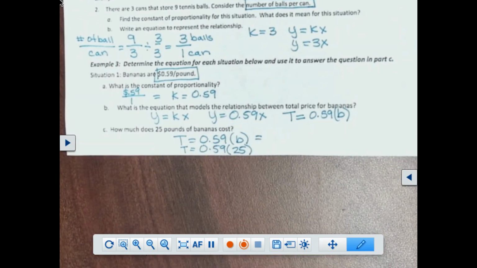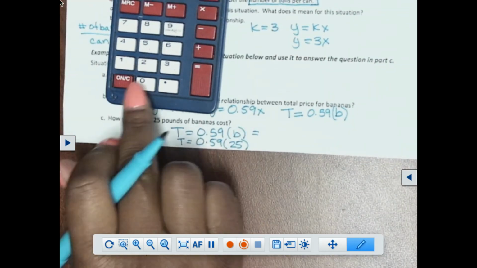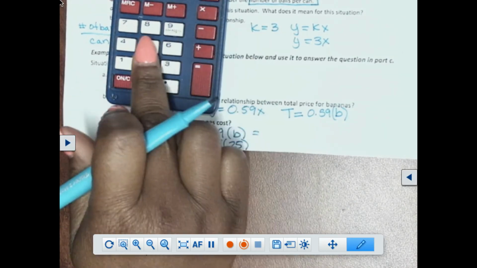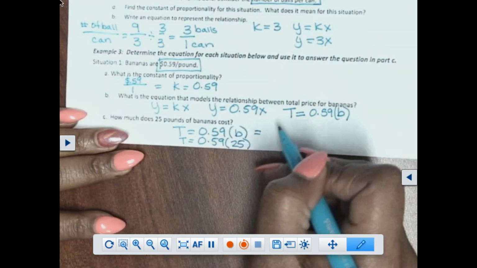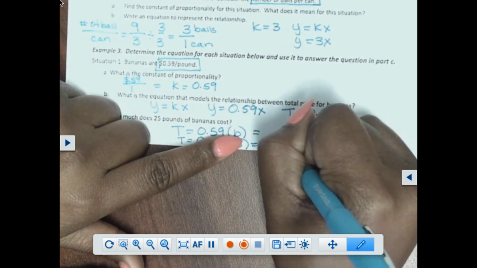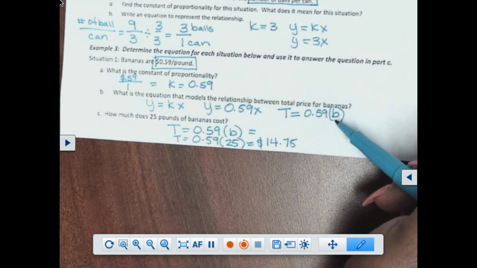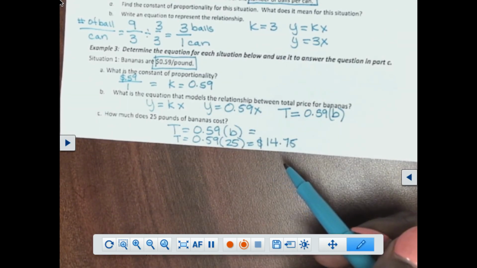And if I get my calculator out and I put 0.59 times 25, I get that 25 pounds of bananas is just $14.75.